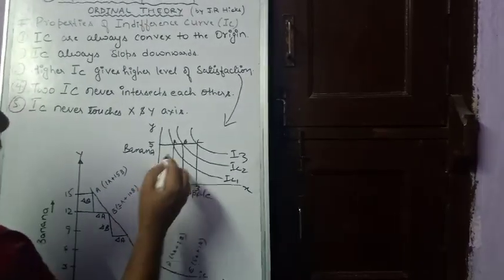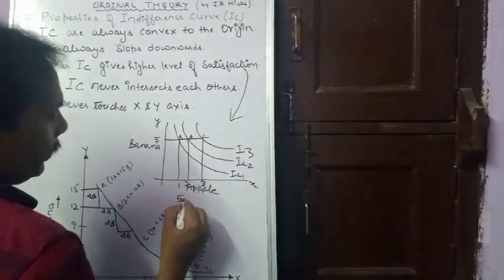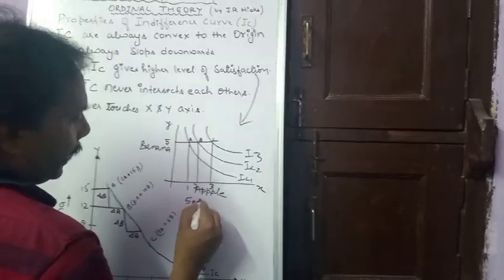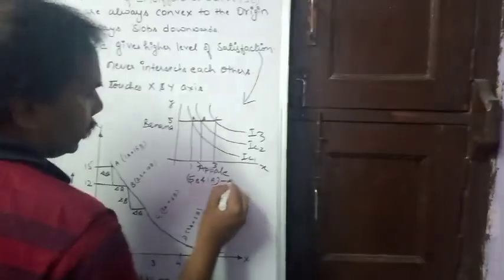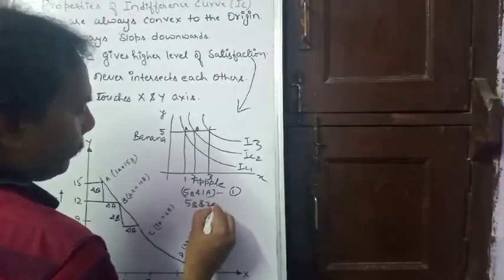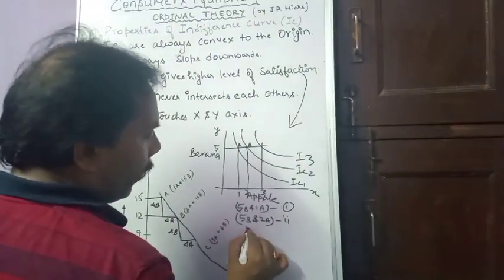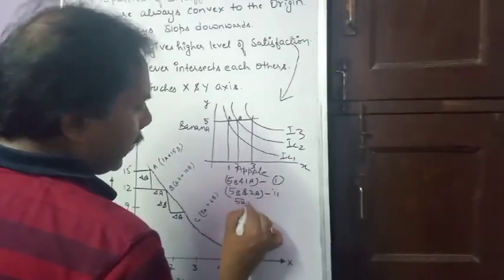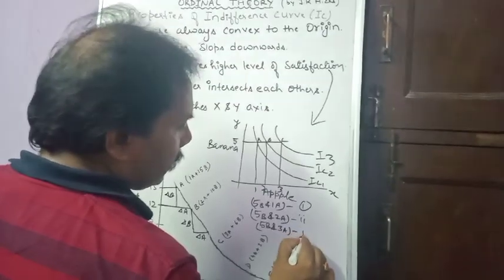So our combinations are 5 bananas and 1 apple first, 5 bananas and 2 apples second, 5 bananas and 3 apples third.